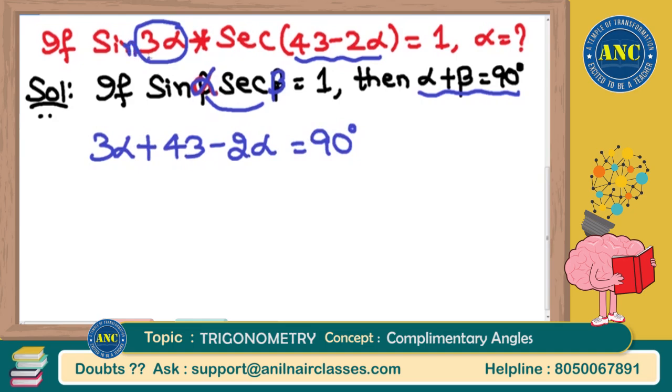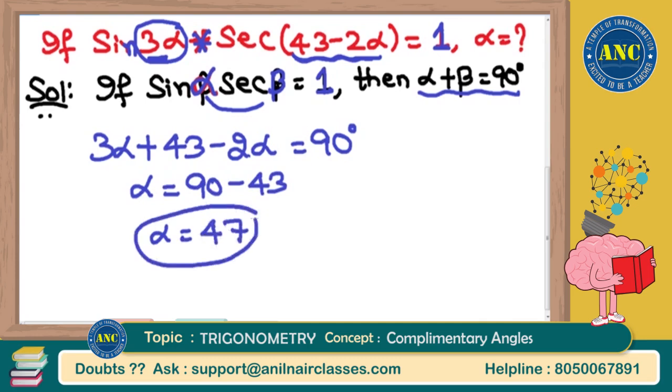Because sine of some angle into secant of some other angle is giving me 1. That is the corollary, the conclusion we derived. So 3 alpha minus 2 alpha is alpha. Alpha is 90 minus 43. Alpha is nothing but 47 degrees. And what is asked in the question? Alpha itself is asked. That means my answer for this question is 47 degrees.